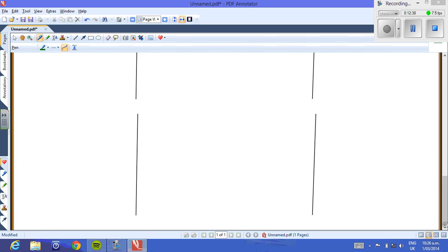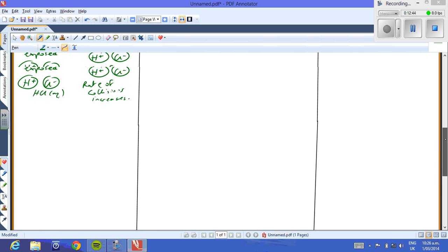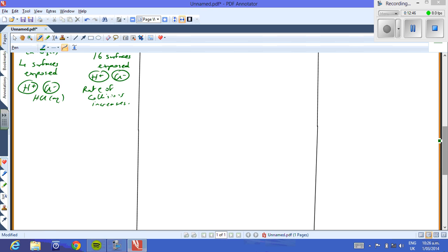How do we talk about that using collision theory? Well, we need to consider some of the key terms. I'm just going to put a graph in here. This is the rate curve, which comes up again and again and again, so you must be familiar with this. I would recommend using a ruler if you're drawing this in your books. Time is going to be on the x-axis, and then there will be some measure of the amount of CO2 that's produced.